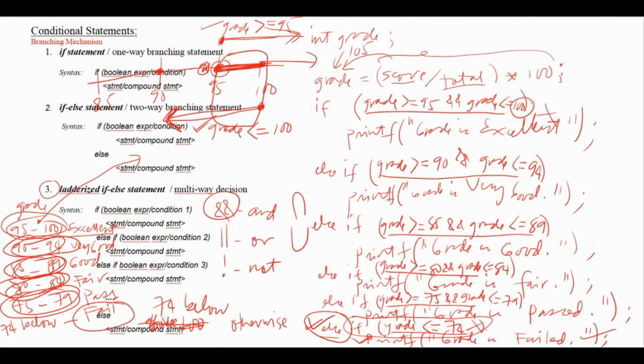If you want to capture the above 100, so that if the value of grade is more than 100, then it would output excellent, we will change this to what should be the new condition. It should be grade greater or equal to 95. So from 95 above, beyond 100, it is excellent. So the lowest value for grade that is excellent is 95.